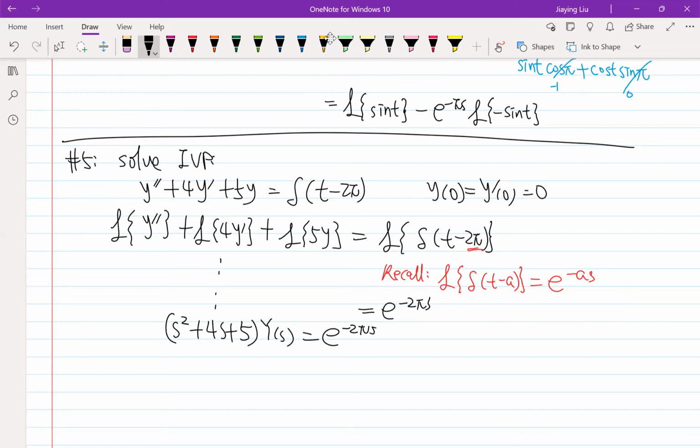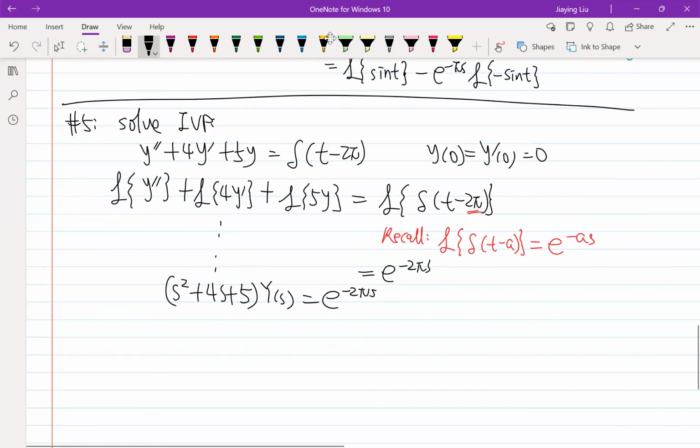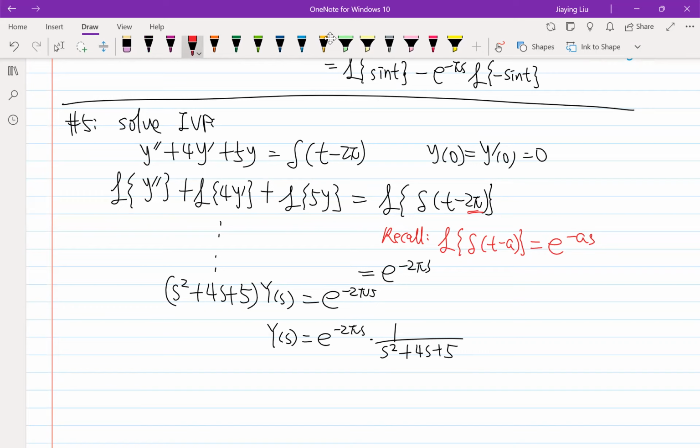And from here, we just do exactly what we did before. We're going to solve for capital Y of s, which is e to the negative 2 pi s times 1 over s squared plus 4s plus 5. So what do we do next? We can find the inverse, but it's not easy.